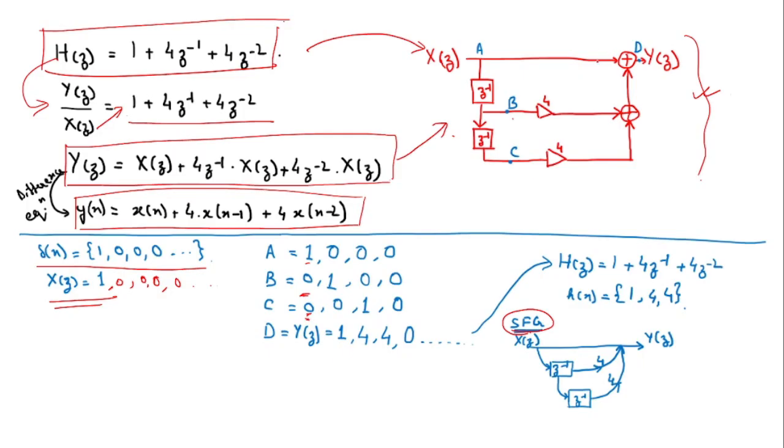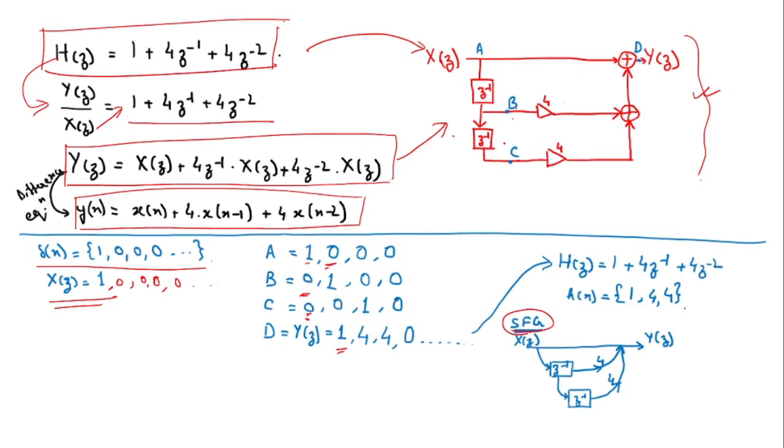D is basically the output from A plus B multiplied by 4 plus C multiplied by 4. In this way we have D as the addition of these 3 components. B and C are 0, so D equals 1 at n equals 0. Then A becomes 0.